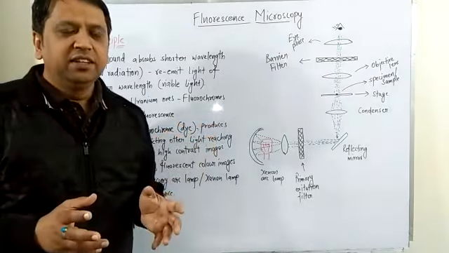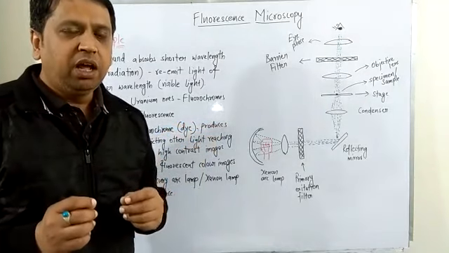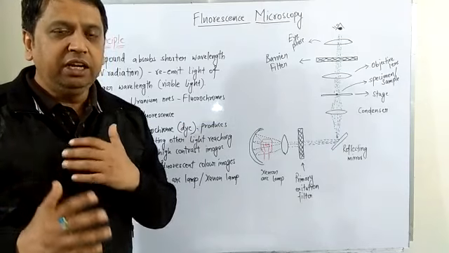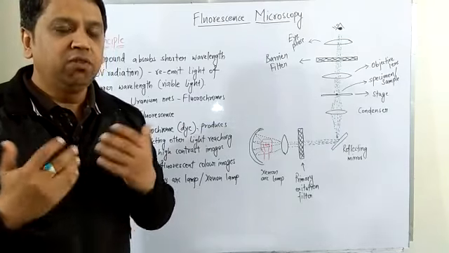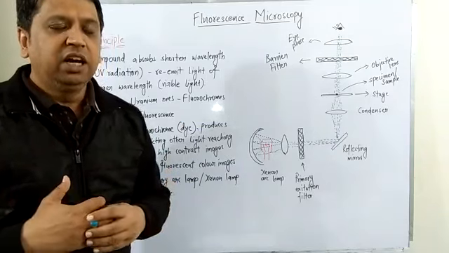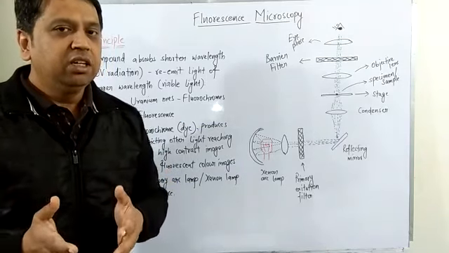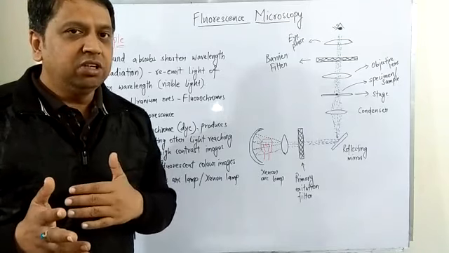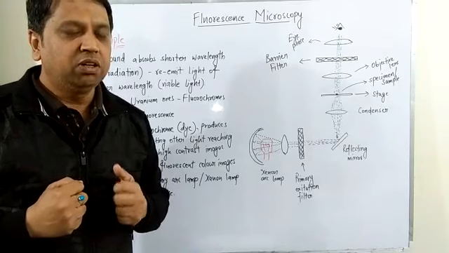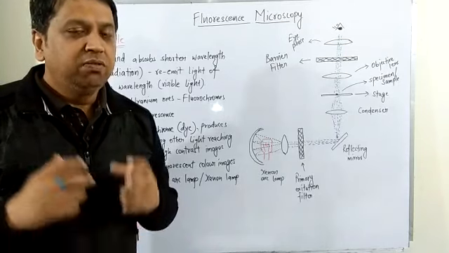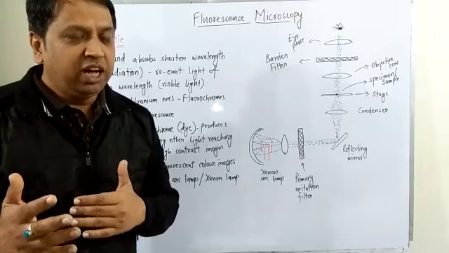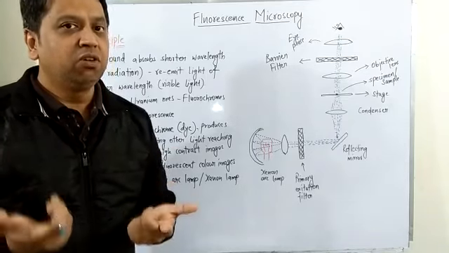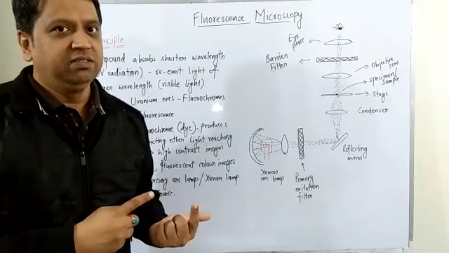So the idea is this: if we put the sample along with a dye or fluorochrome, it will start emitting fluorescence light. And if we stop the light which is not coming from the specimen, we will get a dark background and the specimen illuminated with fluorescent light.